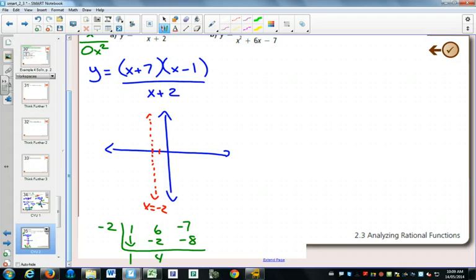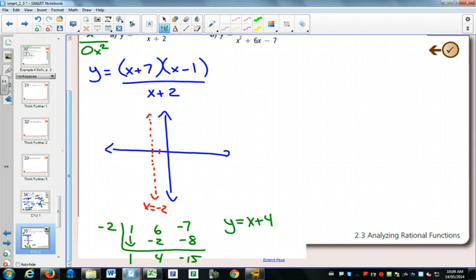Negative 8, add, and we get negative 15. Even if I had made a mistake there, it's not going to matter in the end, because all that matters is x plus 4. You can ignore the remainder of negative 15. X plus 4 is your diagonal asymptote.